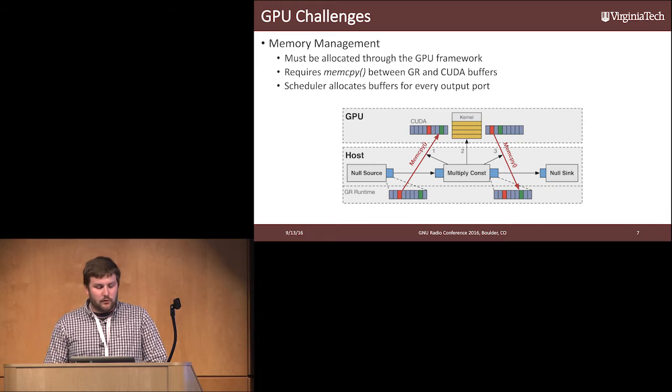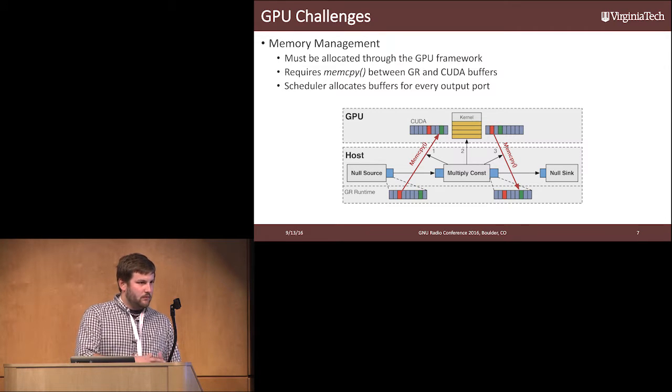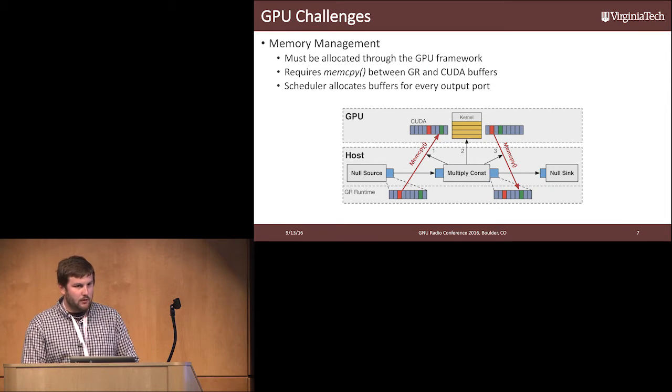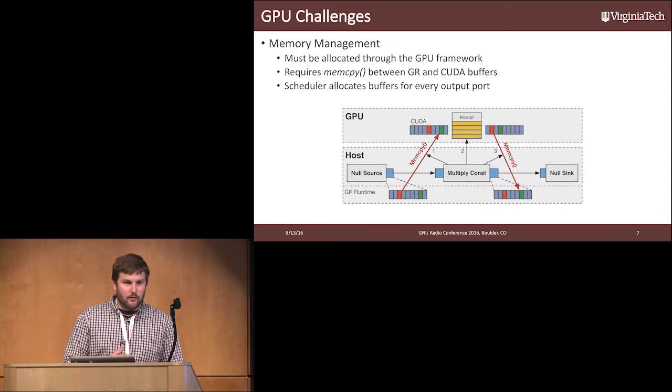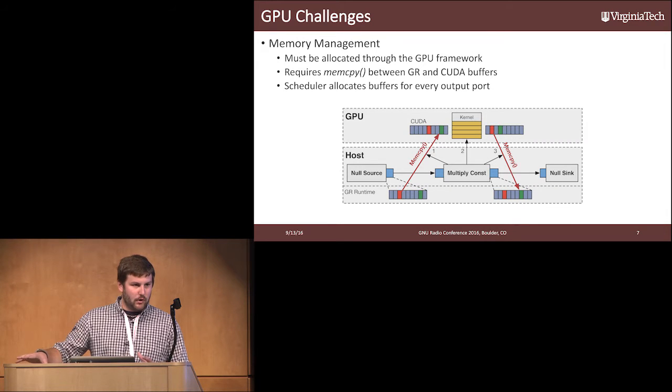For example, with CUDA, you have to use cudaHostAlloc or cudaMalloc to allocate those buffers, which you can then use for your kernels. That causes an issue, though, because within GNU Radio, the scheduler allocates all of the output buffers for the output ports. So for every single block, you have a buffer that gets allocated, and that buffer gets passed to the downstream block to read from.